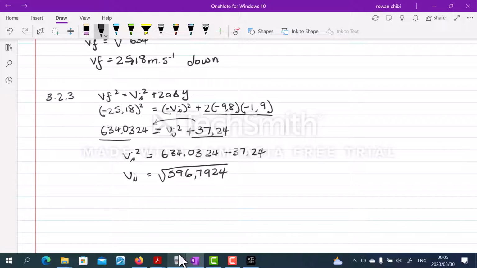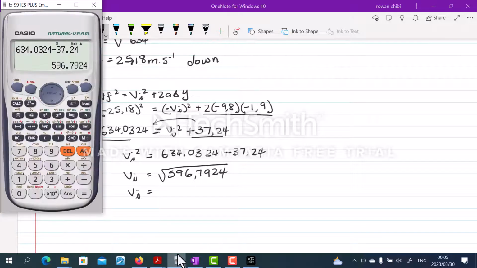Then we must find the square root of this one. So we want the square root of 596,7924. It's 24,43.